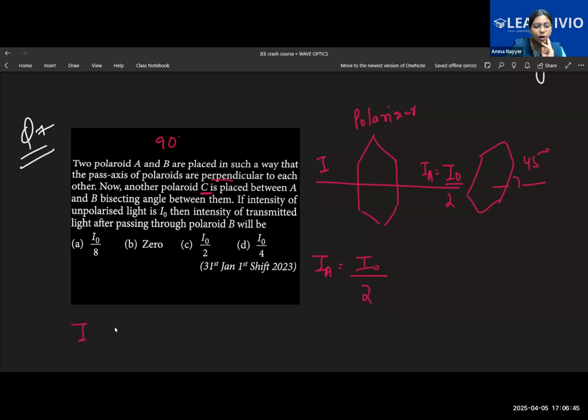So what will IC be? We have studied this: I naught by 2 into cos square 45 degrees. What will it be? I naught by 4. So this is I naught by 4, but is it asking us for C?